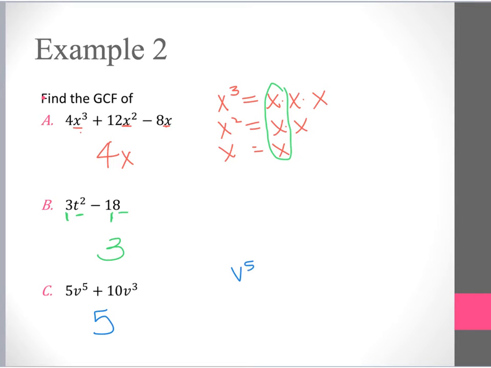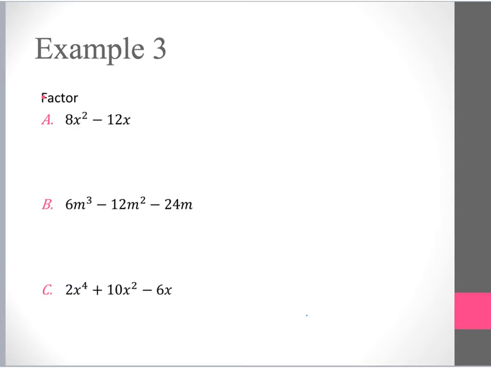So v to the 5th, remember, is v times v times v times v times v, and v cubed is equal to v times v times v. If you look, both of them have a v to the 3rd power in them. So this greatest common factor becomes 5v cubed.